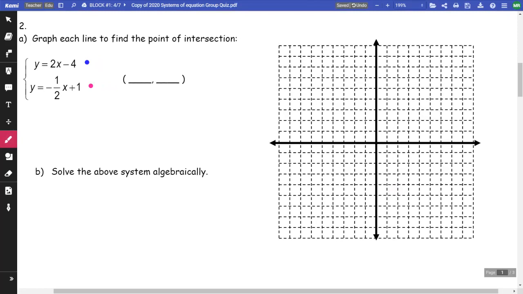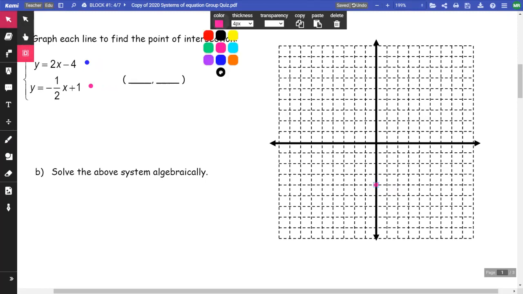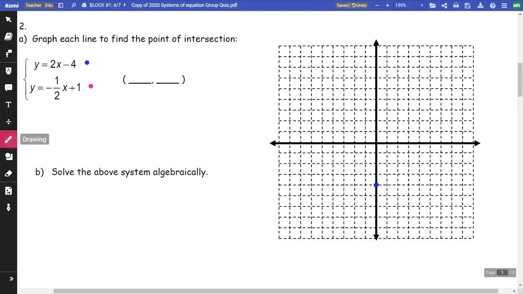1, 2, 3, 4. Oops, sorry, wrong color. Change that color. Okay, wanted that one to be blue. So starting at -4, and then I'm going slope of 2, so up 2 over to the right 1, up 2 to the right 1, up 2 to the right 1.